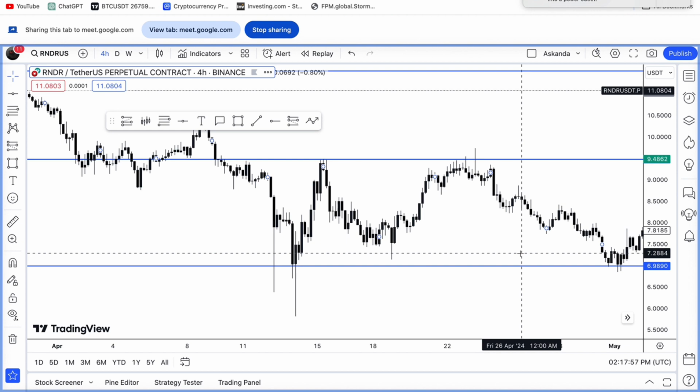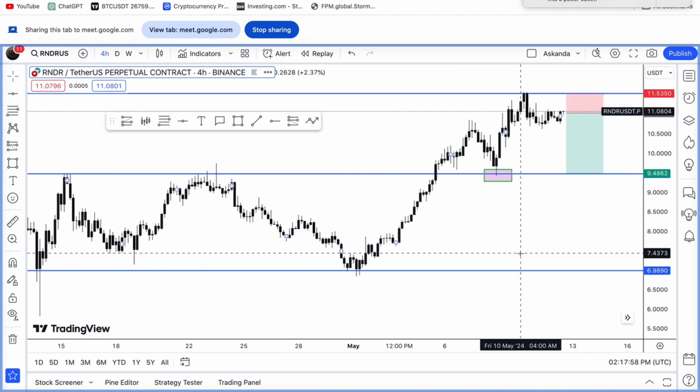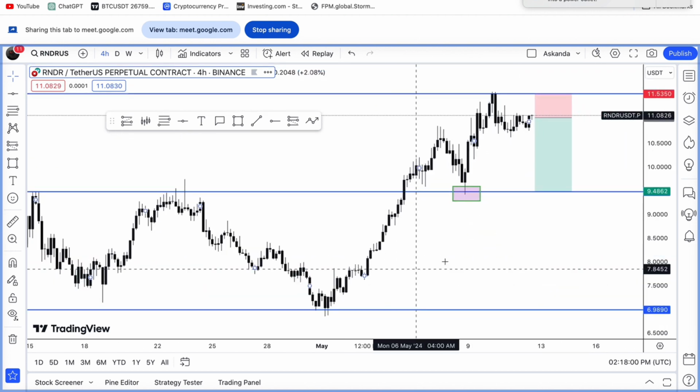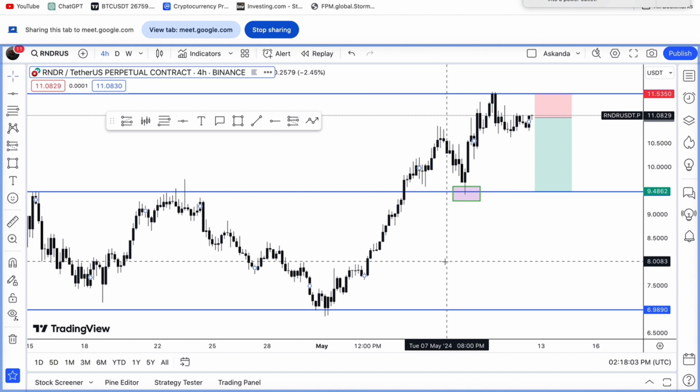Then we go to the resistance. The resistance is where the price reaches, bounces and comes down. It's like a football: when you bounce a football on the ground, it will hit the floor, rise up, come down again.